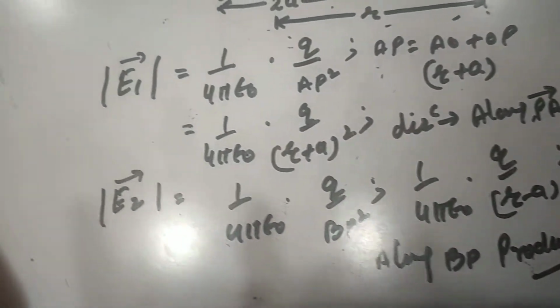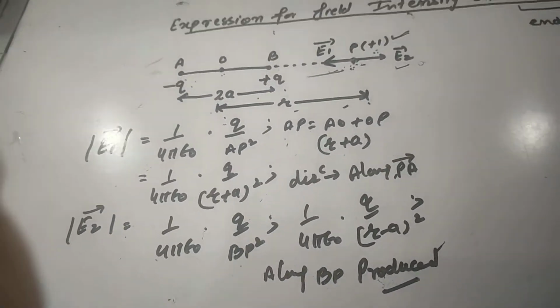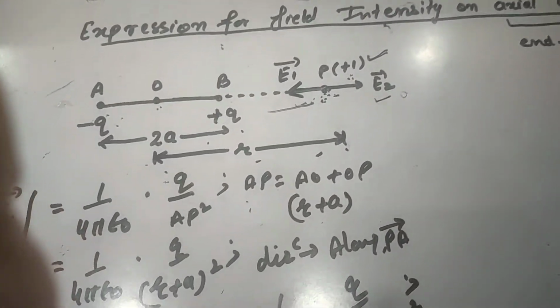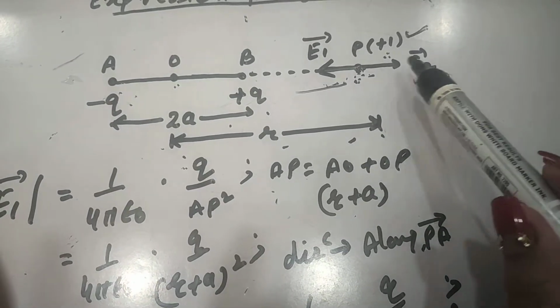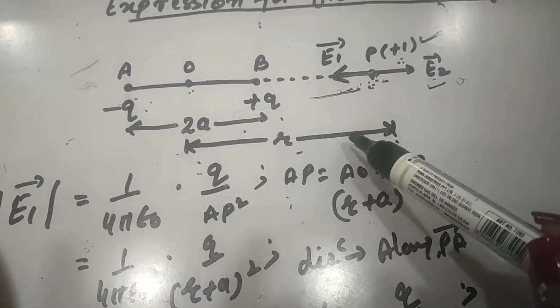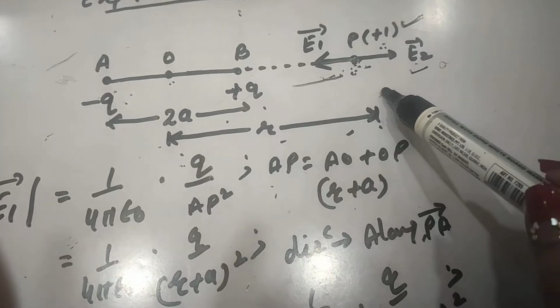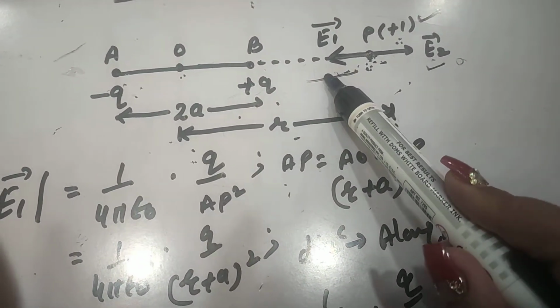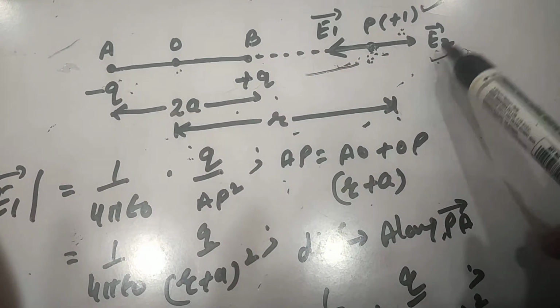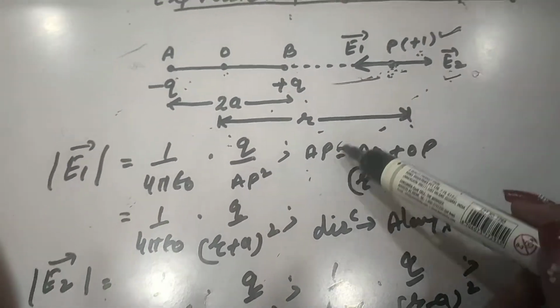Right? Now our third step was to apply the superposition principle. We know that E1 and E2 are acting in opposite directions, so the net resultant will be subtracted. Now the question comes, which one will be subtracted? Let's see which one is bigger.